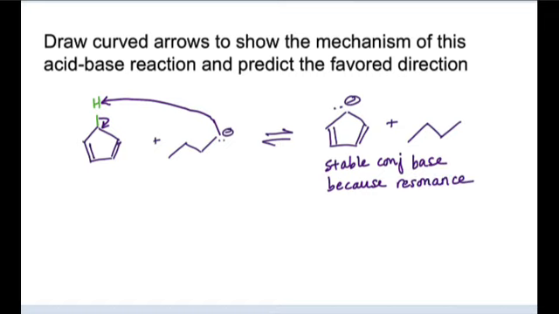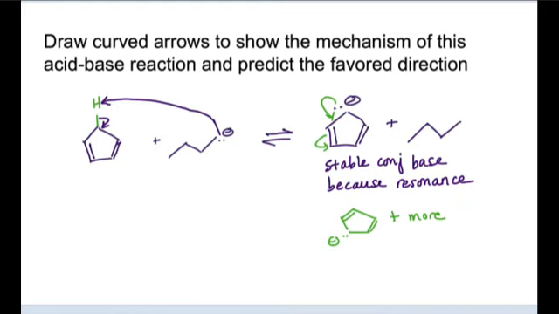Okay, and so I've got resonance stabilization there. There's one resonance form that can form. And then we could have gone the other way as well, with the electrons around the other way around the ring.